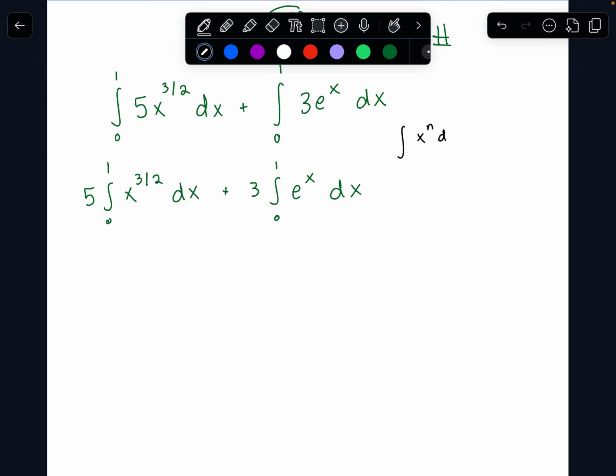We know that its antiderivative is x to the n plus 1 over n plus 1. Just because I have a fractional exponent doesn't mean I'm going to treat this any differently, okay? Don't be afraid to add fractions. So I'm going to have x to the 3 over 2 plus 1, which we can say is 2 over 2 because that's equal to 1.